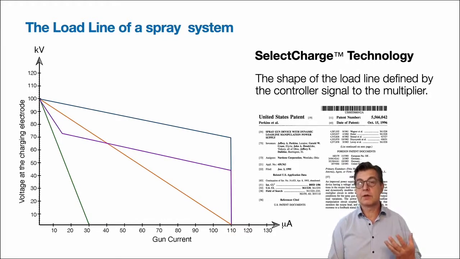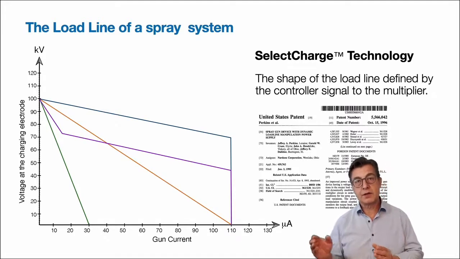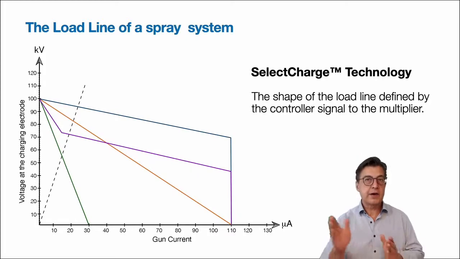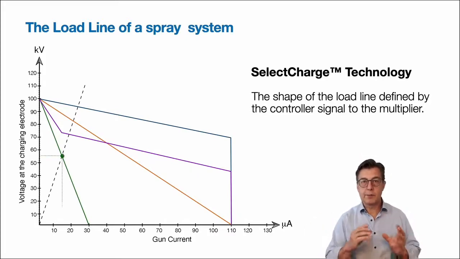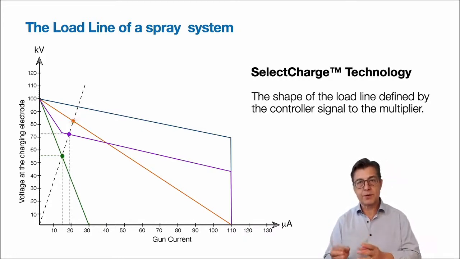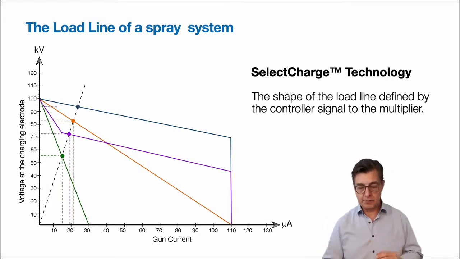This technology allows us not only to change the slope of a load line, but also to change the shape. And as one can see, for every gun-to-part distance, there will be absolutely different actual gun tip voltage and the current or the charge produced by the charging electrode and flowing from the gun to the part.